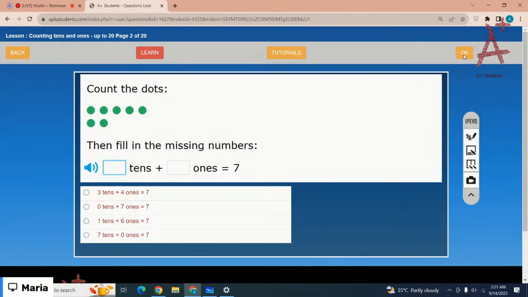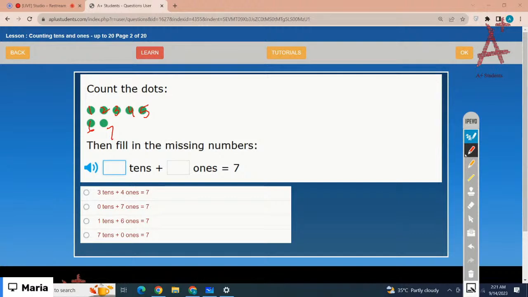Okay, count the dots. How many dots do we have? Just count them. Okay, we have 1, 2, 3, 4, 5, 6, and 7 dots. 7 dots, right?